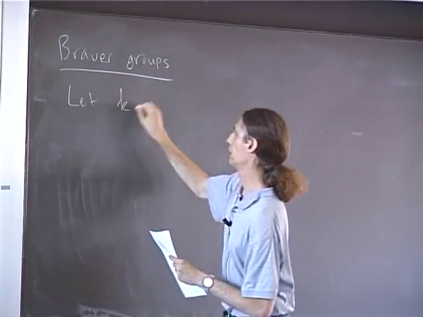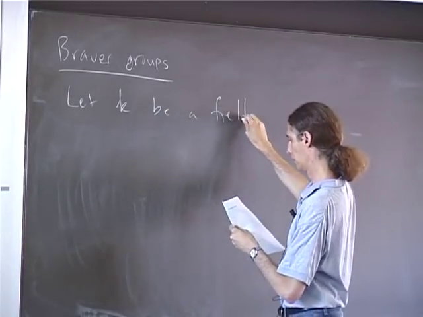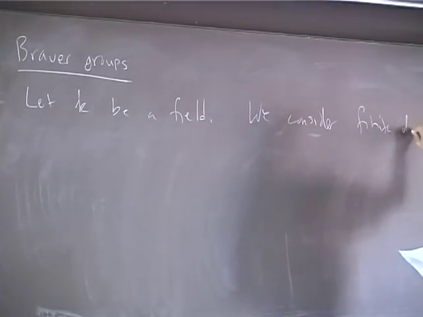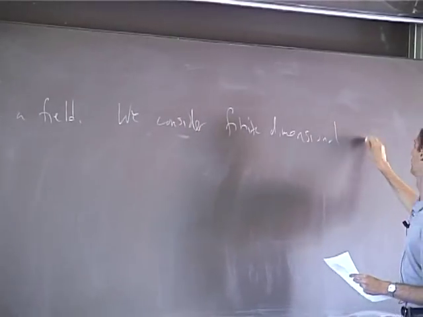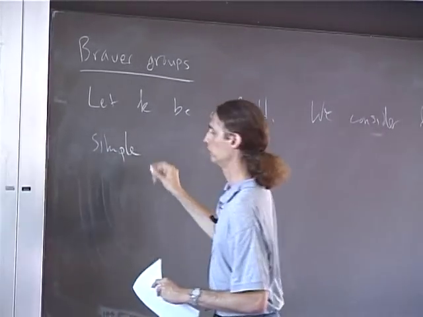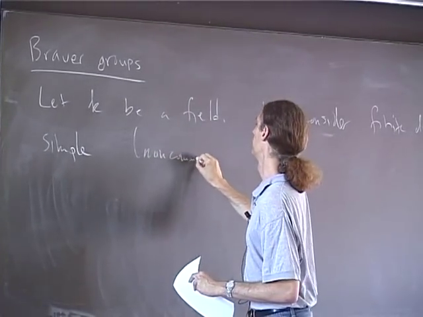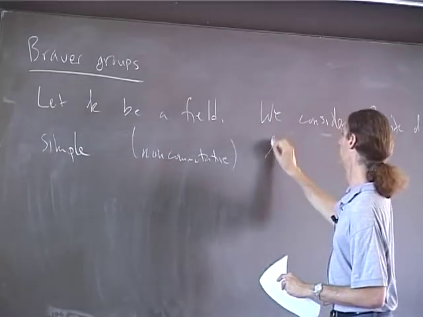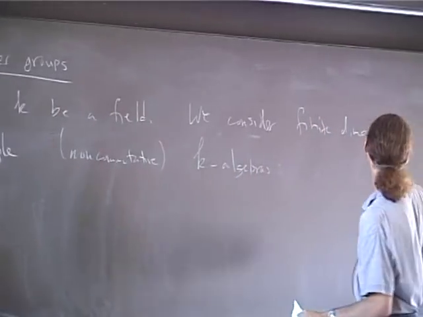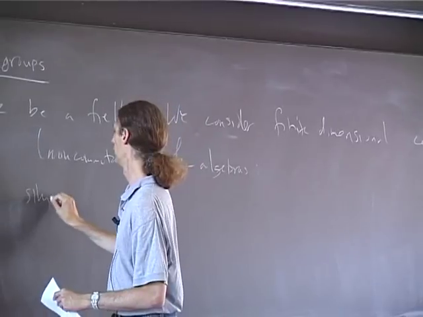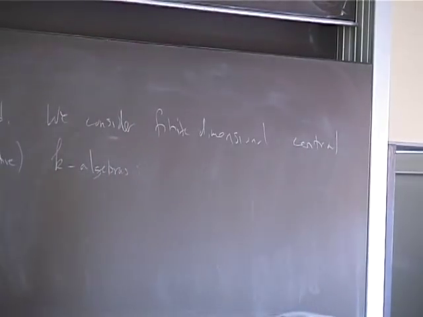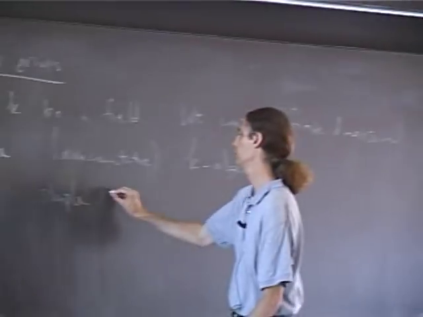So let K be a field. And we consider finite dimensional central simple algebras, in general non-commutative. I think that everyone knows what this means, but simple means having no non-trivial two-sided ideals.